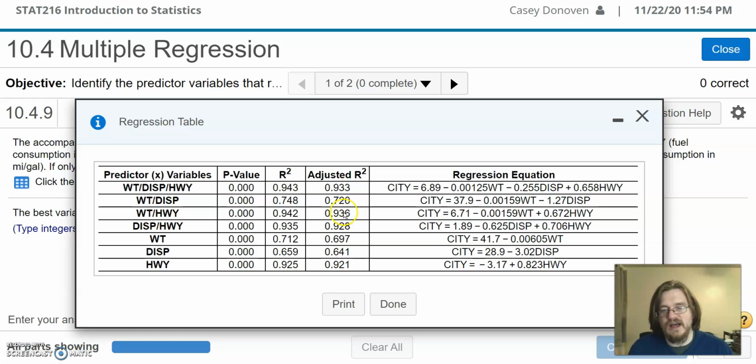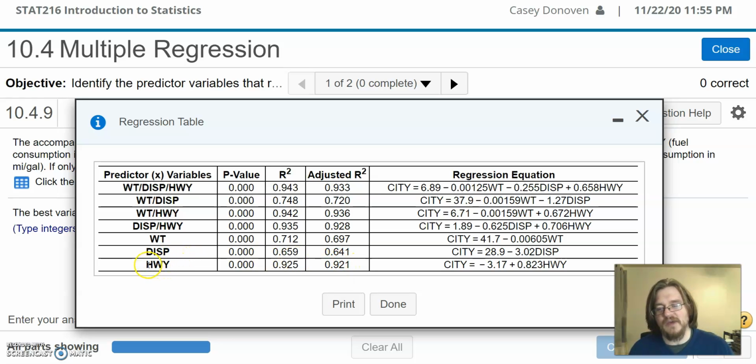So since the adjusted r-squareds are nearly identical, using just the highway is going to be preferable because we want to use as few variables as possible. So we want to use just the highway gas mileage as the predictor variable, as opposed to using both the weight of the car and the highway gas mileage, simply because it's fewer variables and the adjusted r-squared is nearly the same.